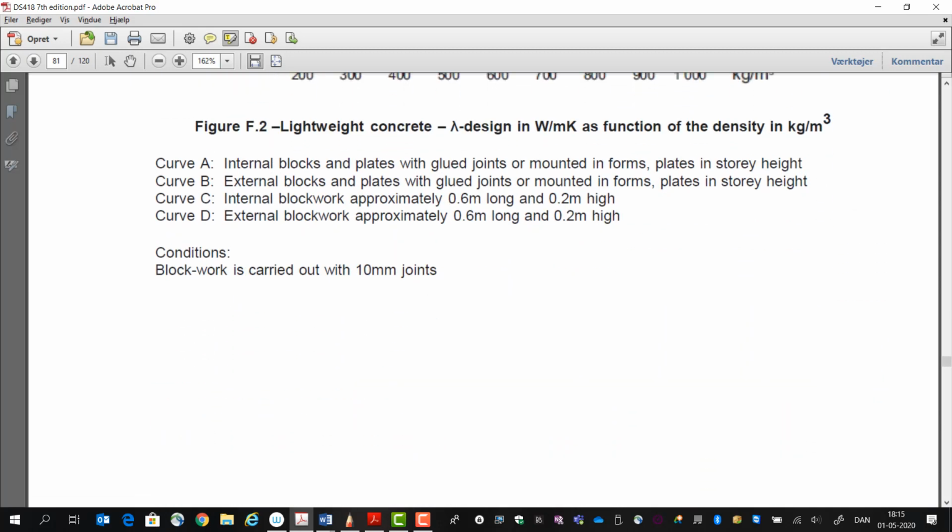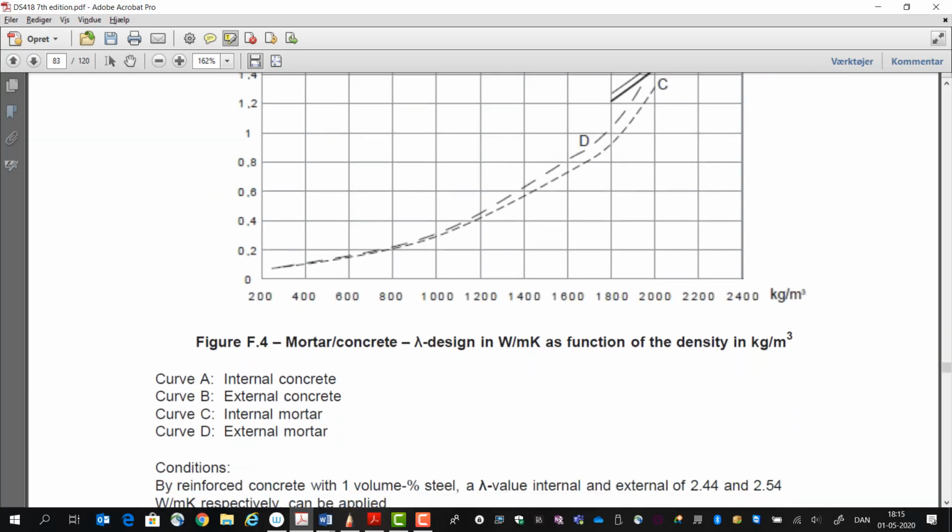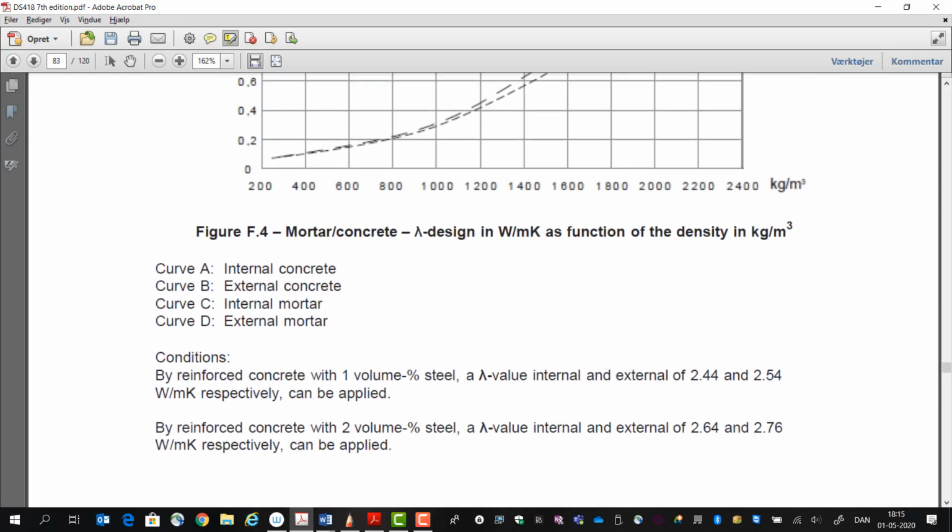Then we go to concrete, and here the concrete that is reinforced. We look down under the graph where we have external and internal lambda value, and we are internal, so the lambda value will be 2.44.